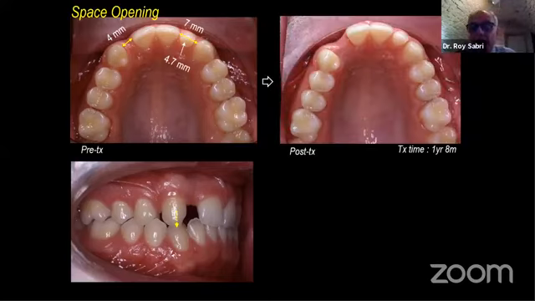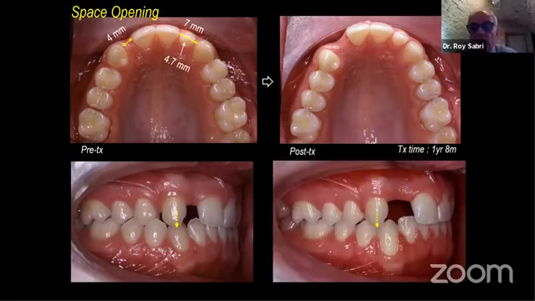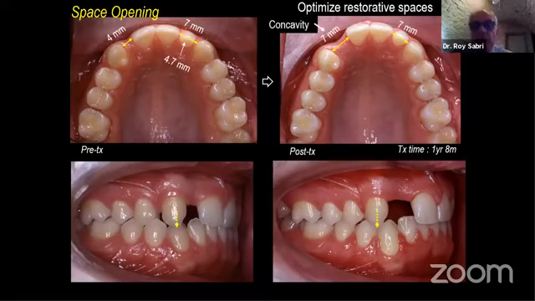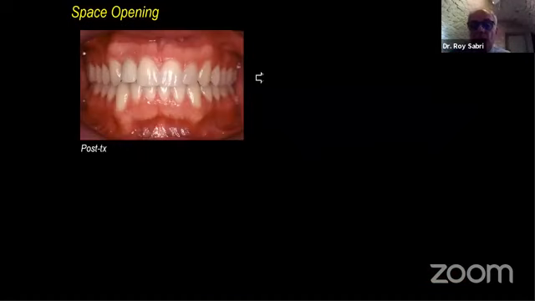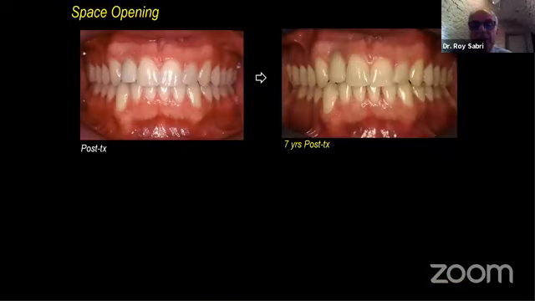Again here, this is an old case, but we did it without bone graft. When you do it without bone graft, we optimize the spaces for the restorative dentist. But when you don't put a bone graft, the implant is higher, because you place it where there is bone, and you end up 7 years post-treatment having some intrusion.